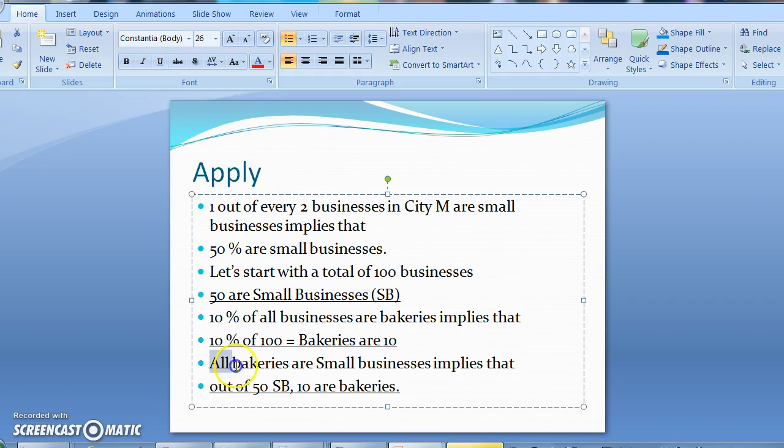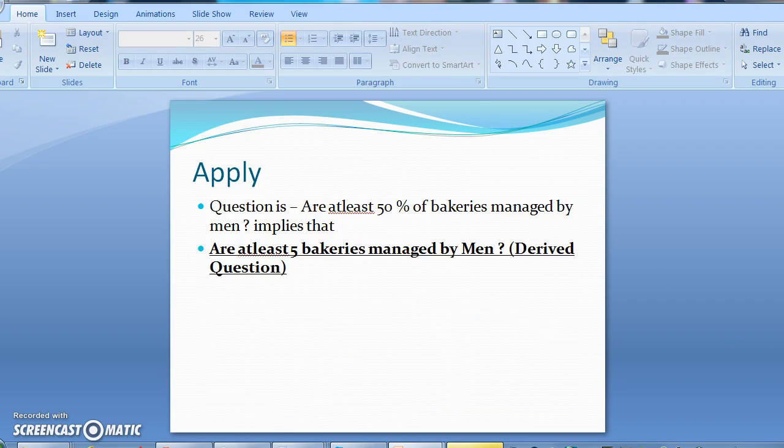Next line, all bakeries are small businesses. This implies that these 10 bakeries are small businesses. Out of the 50 small businesses, these 10 bakeries are also small businesses. Therefore, out of the 50 small businesses, there are 10 bakeries. Awesome, great. So we've broken it down. Now let's look at the question.